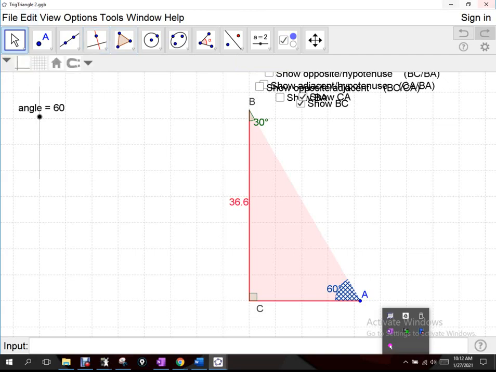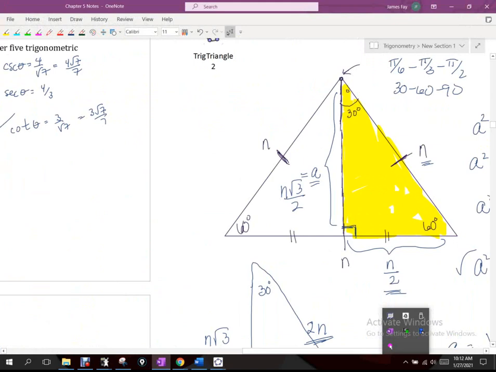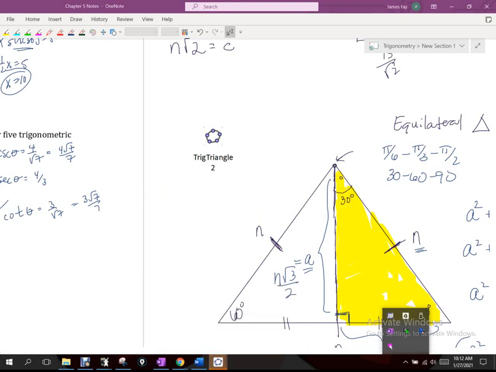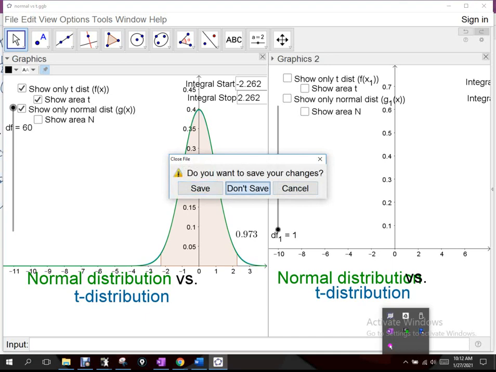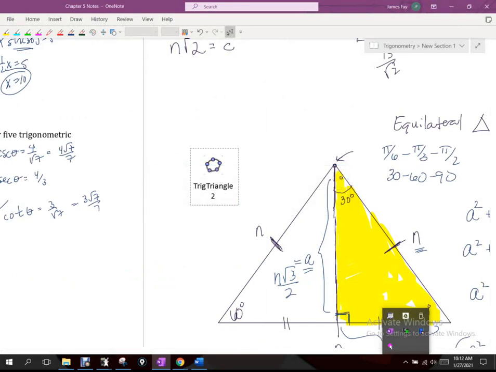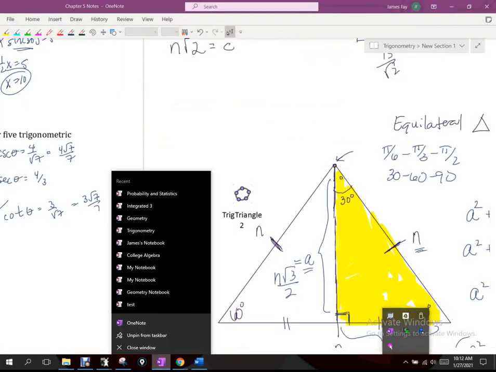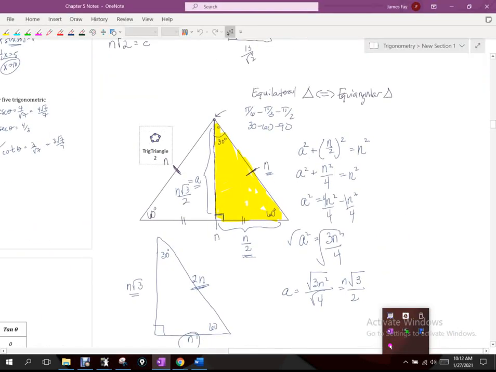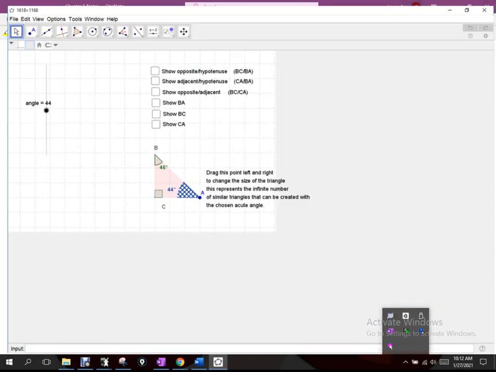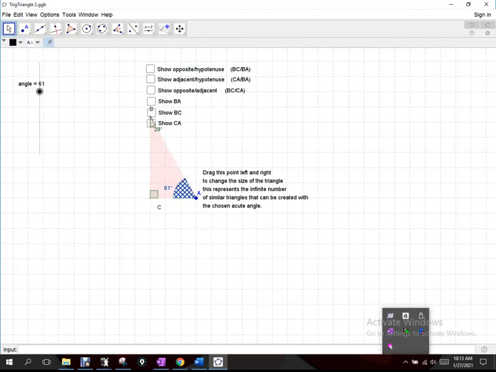and I've messed all this up. Let me just open this up again. All right, so we're at a 60-degree angle, and we were doing cosine, right?